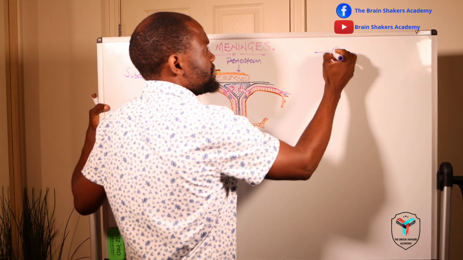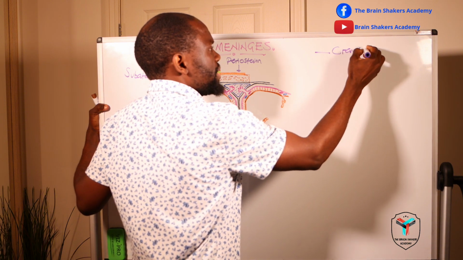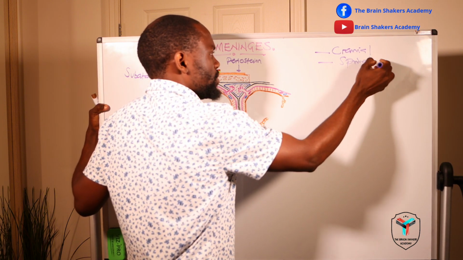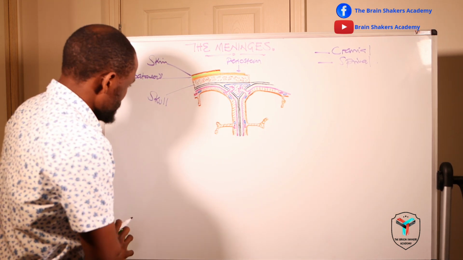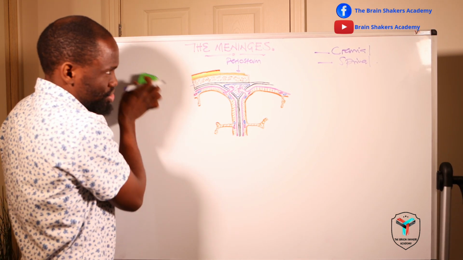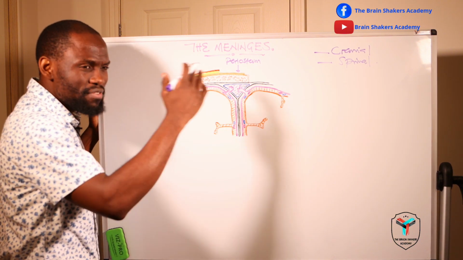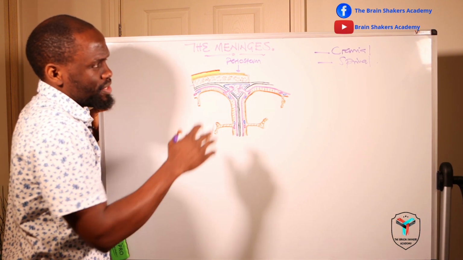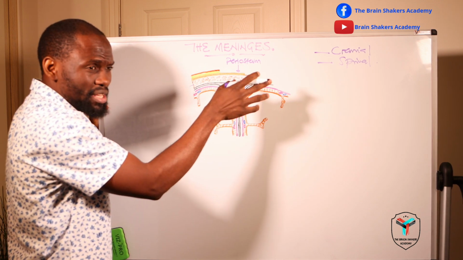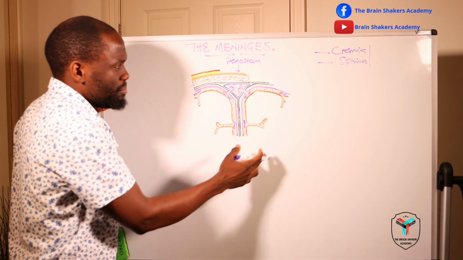So we're going to basically be looking at the cranial meninges, and we will look also at the spinal meninges. Now, let's quickly begin with the cranial meninges, which are the meninges that envelope the brain. The spinal meninges will envelope the spinal cord. The cranial meninges will envelope the brain.